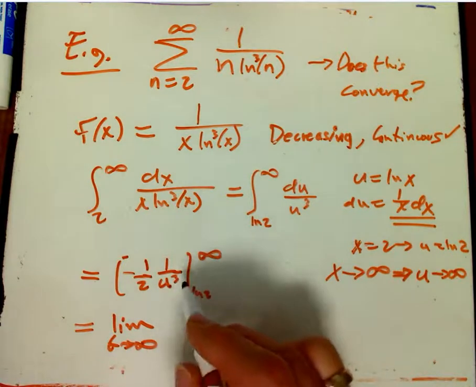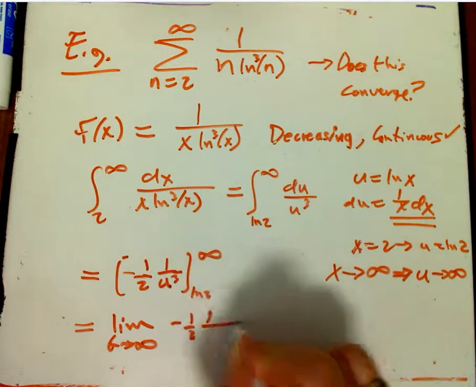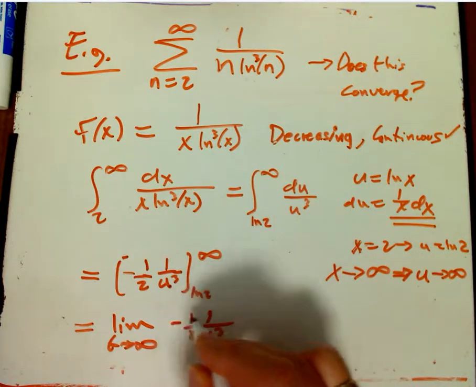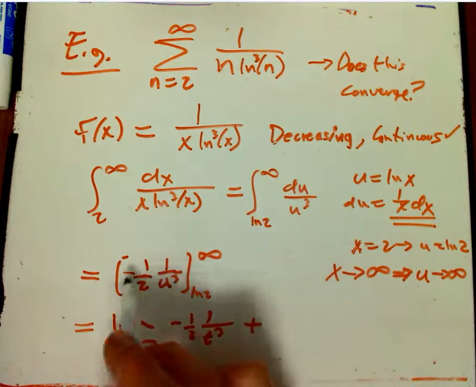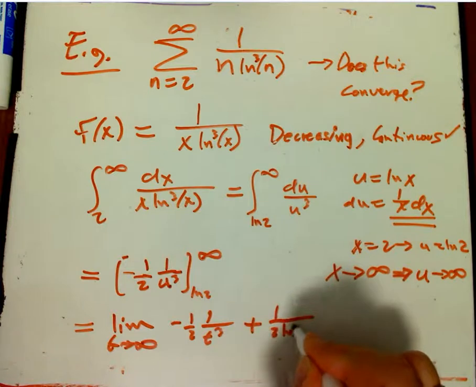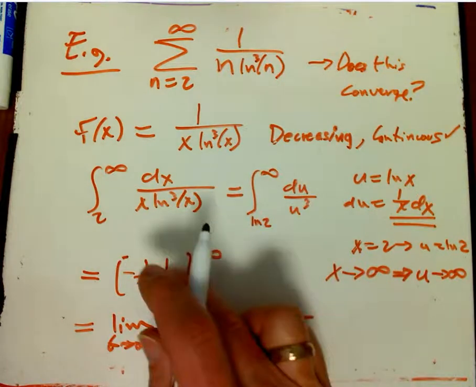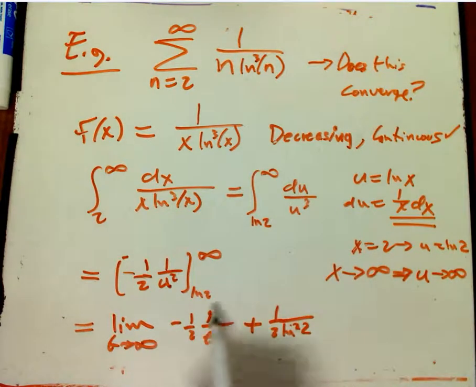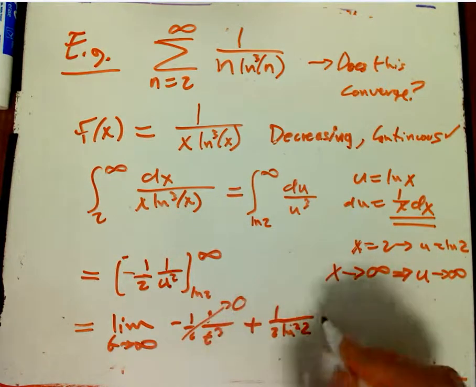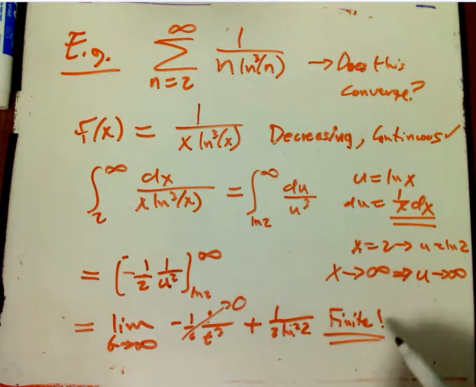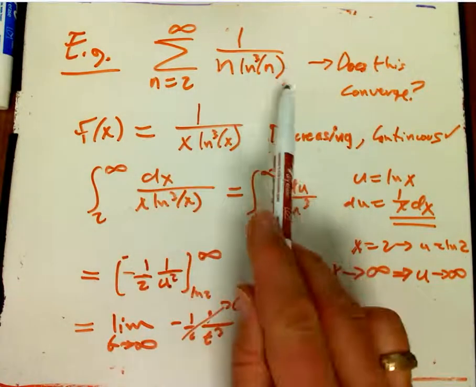This is minus 1/2 t squared, and then minus a minus, so plus 1/2 log cubed. Sorry, log squared. Ooh, that's a square. My bad. Log squared 2. And here's the key thing: as t goes to infinity, this goes to 0. It does converge. So this is finite. And so this converges, and so I can say that this guy converges.